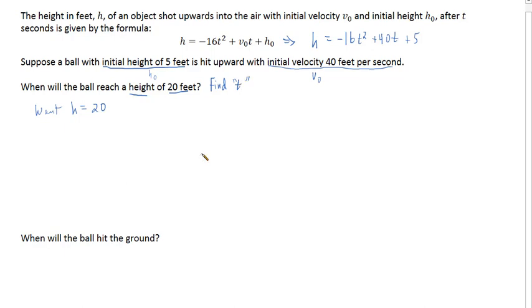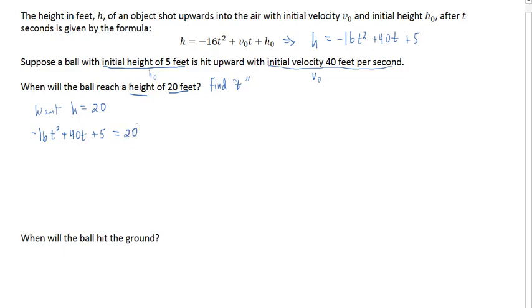We need to find the time, the value of t, that makes h equal to 20. And I know that h is given as negative 16t squared plus 40t plus 5, and I need this to equal 20.